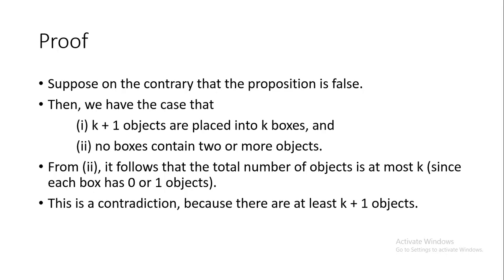From the second statement, it follows that the total number of objects is at most k, because each box has 0 or 1 objects, meaning no box contains 2 or more objects. But this is a contradiction, because in our theorem there are at least k plus 1 objects. In this way we can prove the pigeonhole principle.